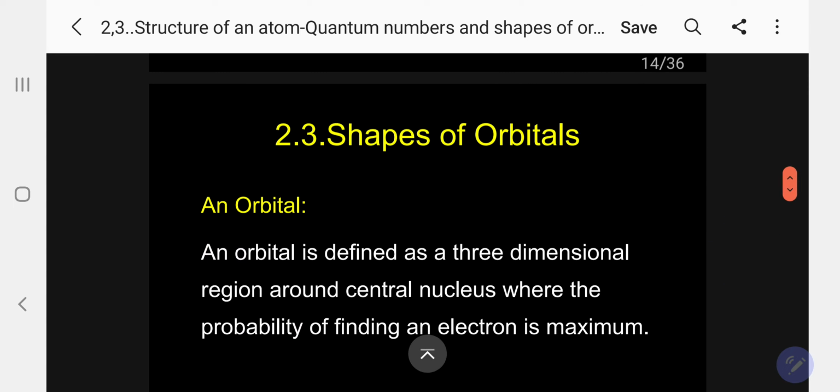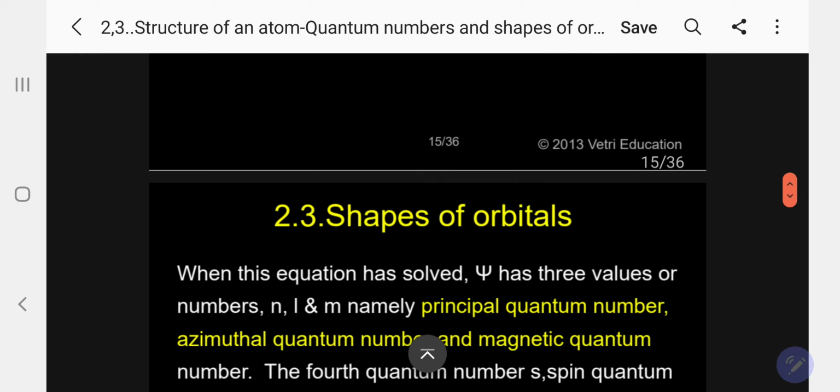So after completing the spin quantum number, I have discussed 4 quantum numbers: principal quantum number, azimuthal quantum number, magnetic quantum number and spin quantum number. From the quantum numbers we can predict the shape. That is, from the L value, azimuthal quantum number, we can predict the shape, I told you. So now I can go for the shapes of the orbital. First, what is an orbital?